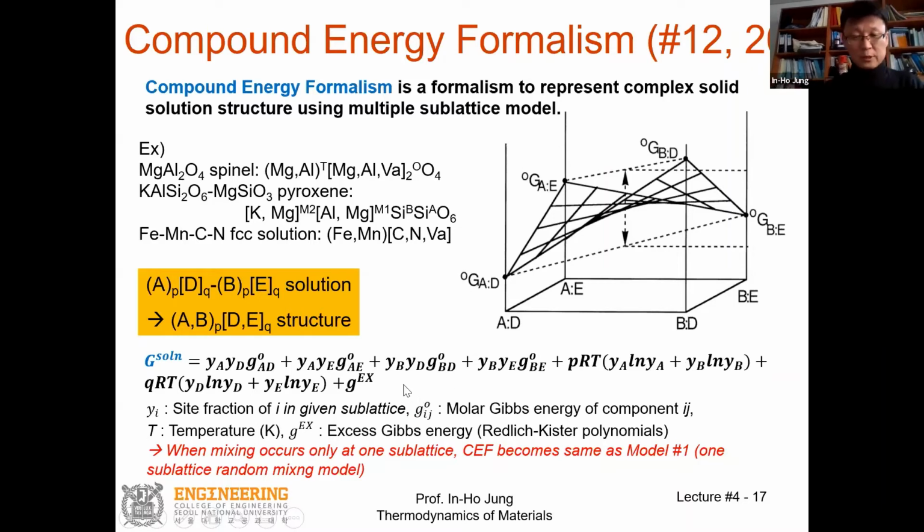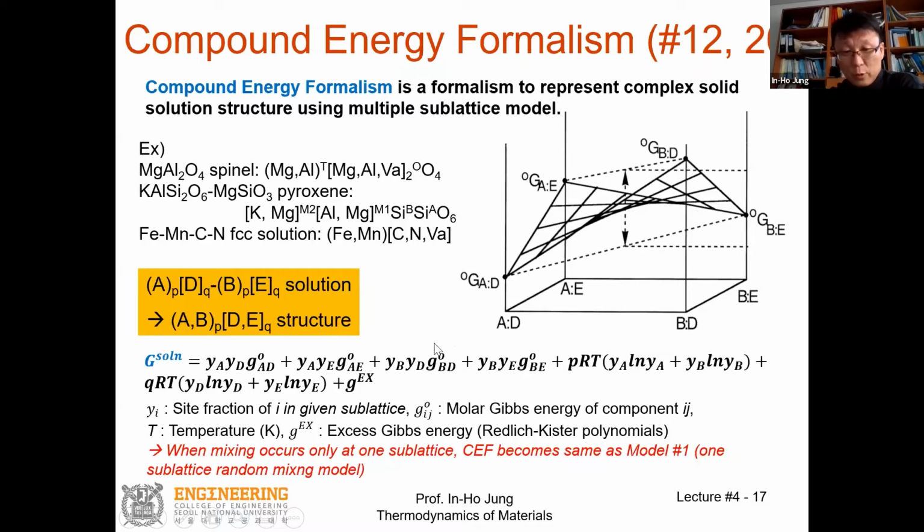Okay, so in the compound energy formalism, the thermodynamic parameters here are the end member Gibbs energies. This one, this one, this one, this one. Because you may have the real AD Gibbs energy available in the literature. You may have the real BE Gibbs energy available in the literature.